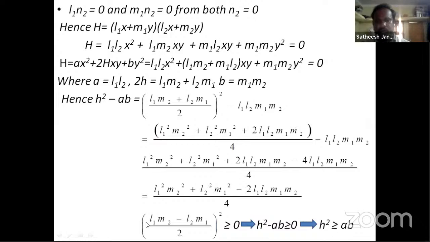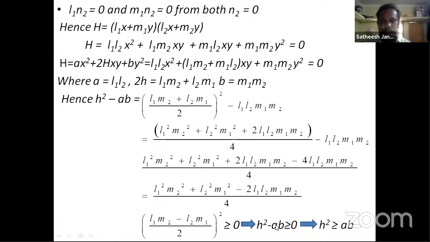That means L1 M2 minus L2 M1 by 2, total whole square. Whole square means if any term has the power square, it is always greater than or equal to 0. Hence, h square minus ab is greater than or equal to 0.